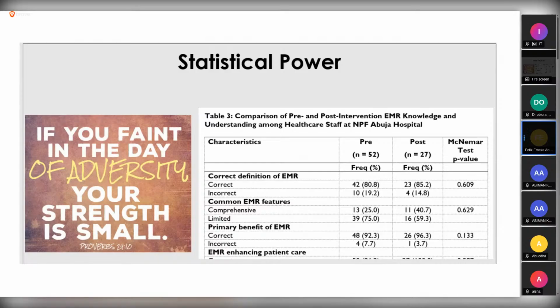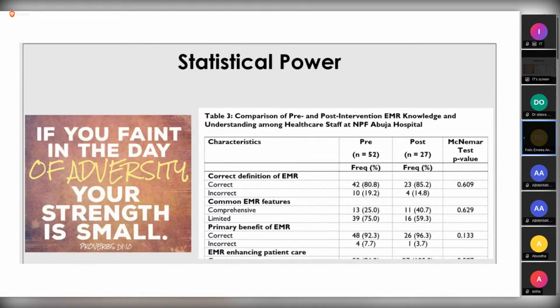So if you're testing an association between two groups and you don't find a statistically significant difference, check your data. It probably means the power for that data is small, meaning the number is probably small. It doesn't have enough power to show a statistically significant difference.